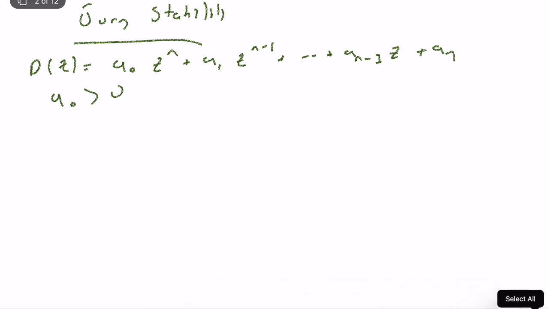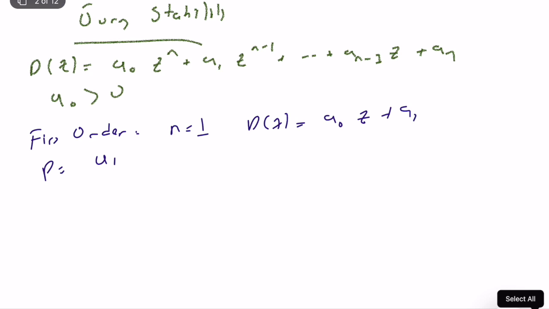Let's start with a first order dynamical system, which is the most trivial and easy one. n is equal to 1, and D of z can be written simply as a0 z plus a1. This is super easy. We know that the pole of the system is p equal to minus a1 divided by a0, so the magnitude of p should be less than 1.